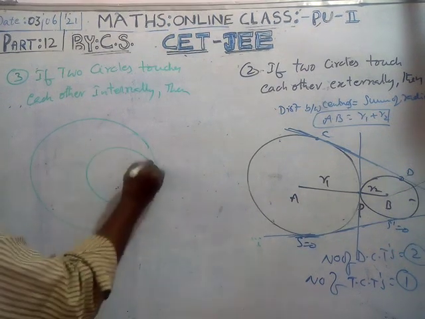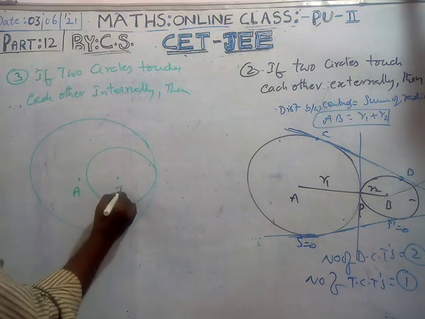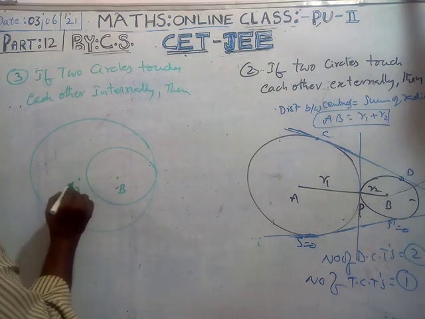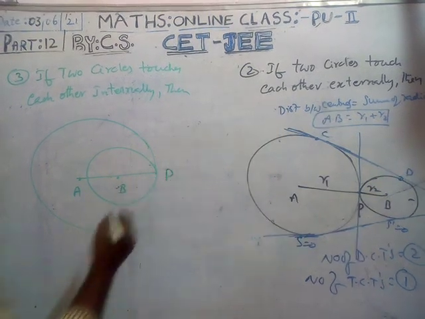There is another circle inside. It is the center A and it is center B. Okay? Right. Point of contact is P.